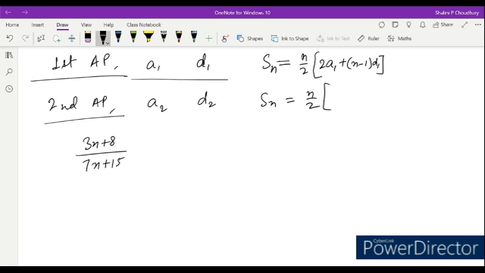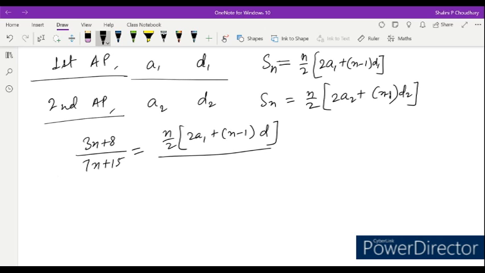So 2a2 plus (n minus 1) d2. Okay, so can we write it like this? This is the ratio of the sums of the two arithmetic progressions. So we can write n upon 2 times (2a1 plus (n minus 1) d1) and n upon 2 times (2a2 plus (n minus 1) d2).